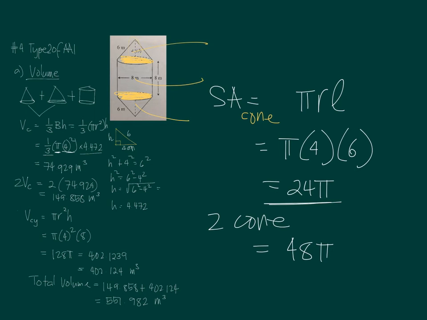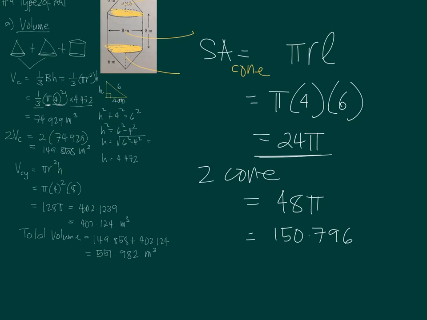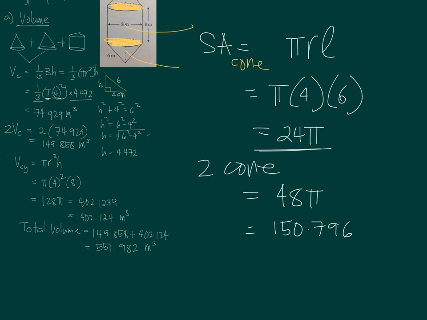48 pi is equal to 150.796. And then we need to find the surface area of the cylinder. The formula is 2 pi rh.